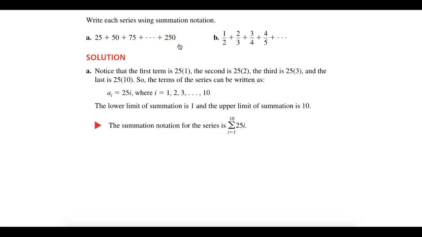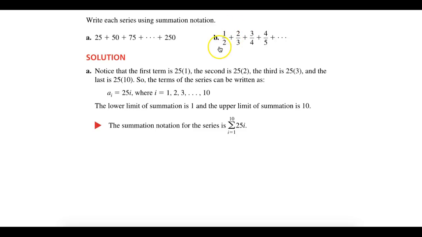Now for our next one, we notice, first of all, this is an infinite series. So the upper limit of our summation notation is going to be infinity. We're starting at a fraction, 1/2 plus 2/3 plus 3/4 plus 4/5.